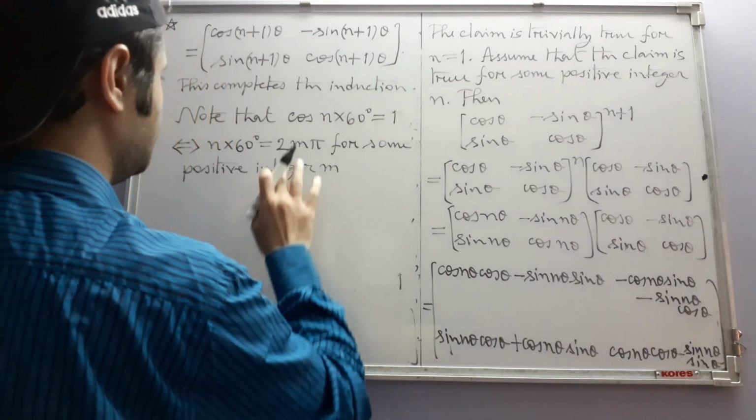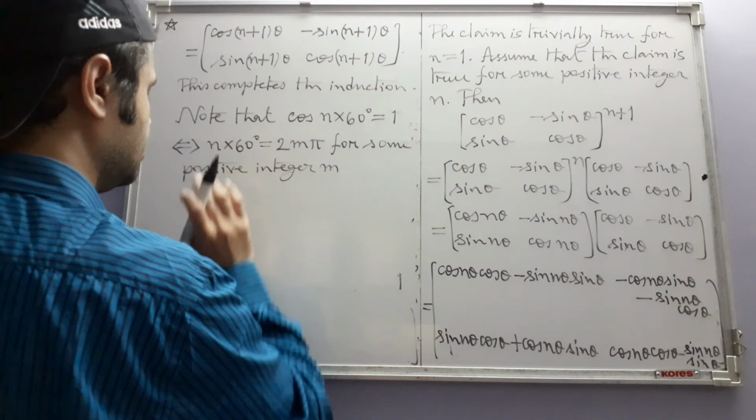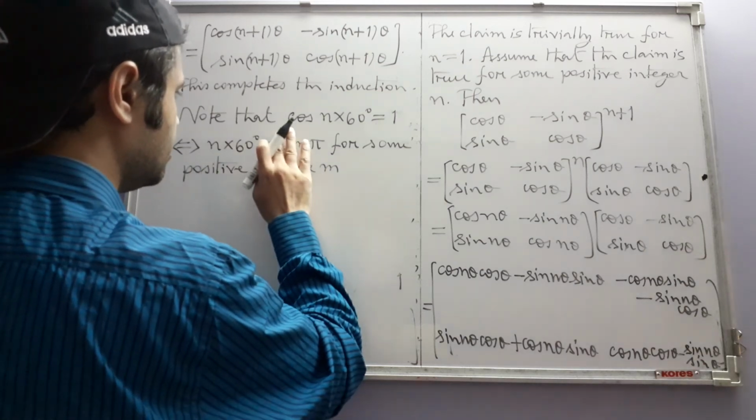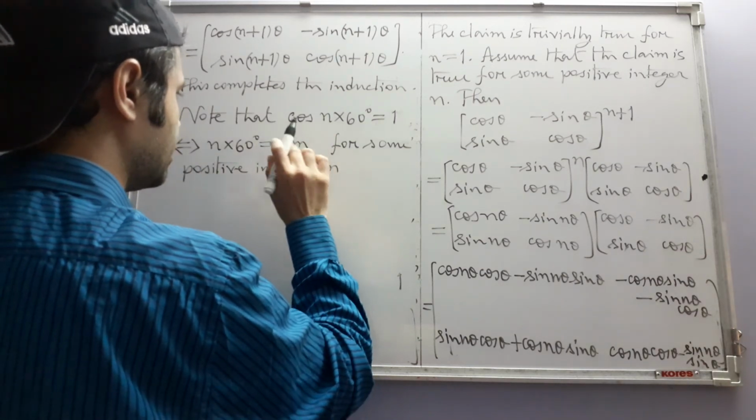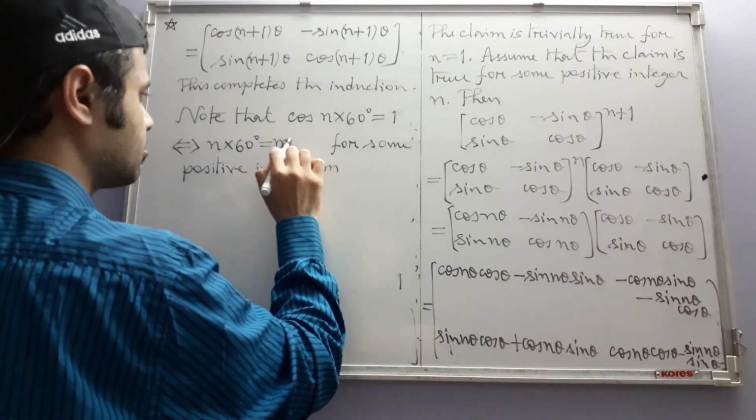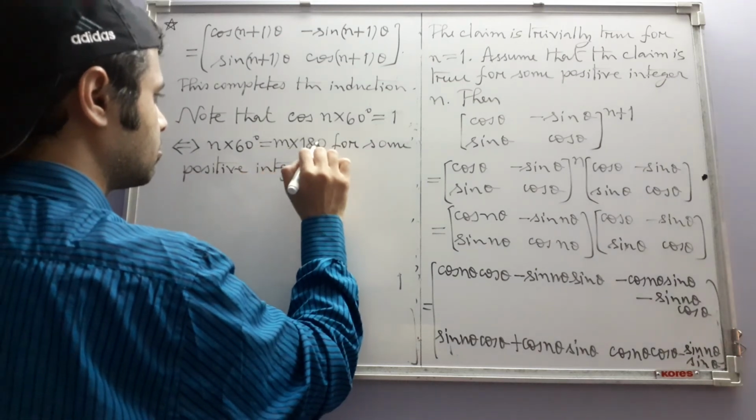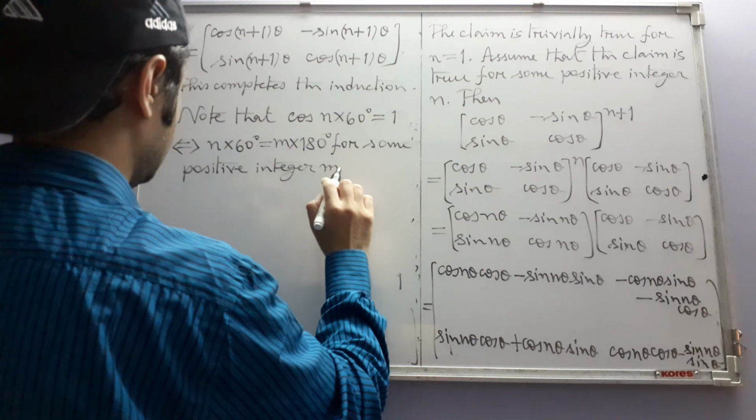Oh, I cannot write pi here because we are using degree measure on this side. So that means m times 180 degree.